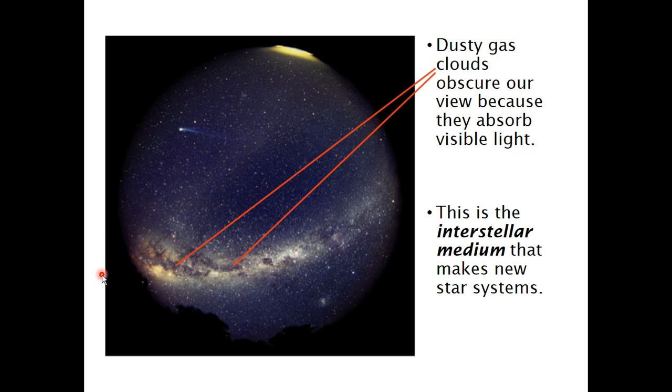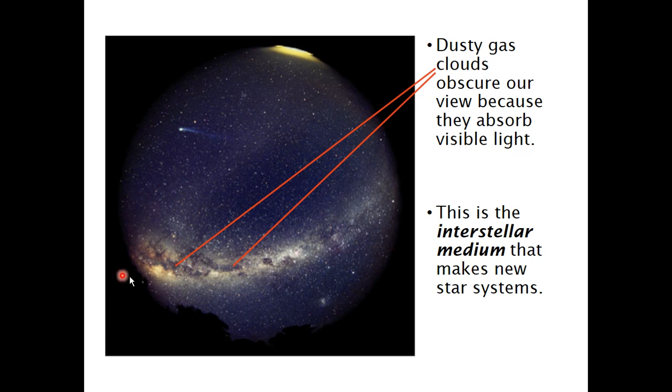But if you go out and look for a while, you'll see something that looks like this. That's the galaxy. In particular, what we're seeing is dust and gas that's absorbing light from stars behind it, and it's blocking the light. So we see an obvious path.